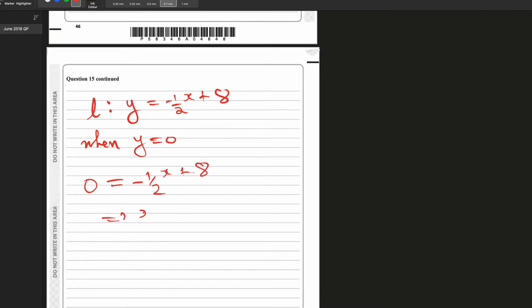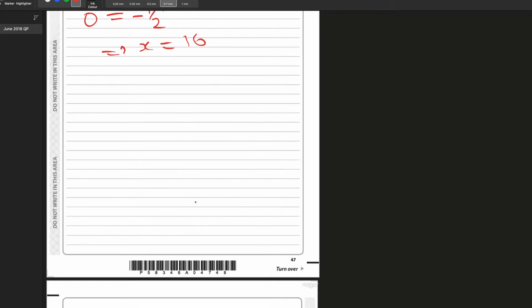This implies that x equals positive 16. Then our integral, with the limits of 4 and 16, is the integral of minus half x plus 8 dx. And that will be our core mandate to be able to integrate that.